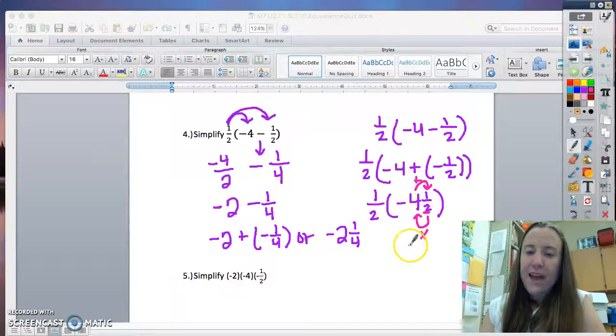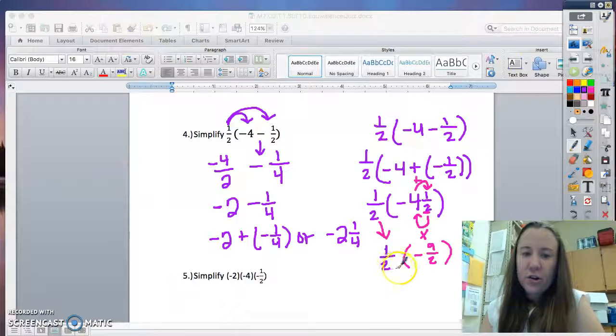So -4.5 is also equal to -9/2. And don't forget to bring down the times 1/2. When I multiply fractions, I just multiply straight across. So I've got 1 times -9 is -9, and then 2 times 2 is 4.